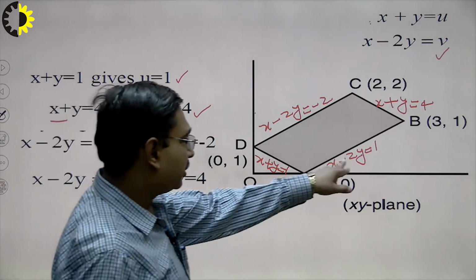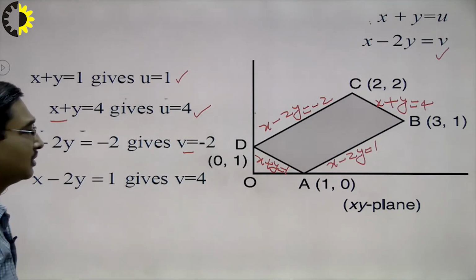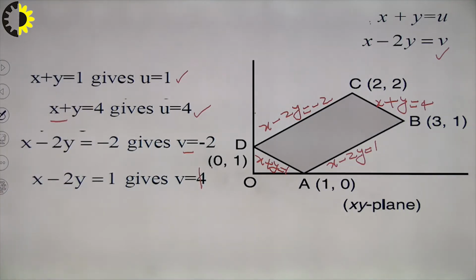The last equation is x minus 2y equals 1, which gives v equals 1. Thus, the equations of the boundaries in the new region are u equals 1, u equals 4, v equals minus 2 and v equals 1.